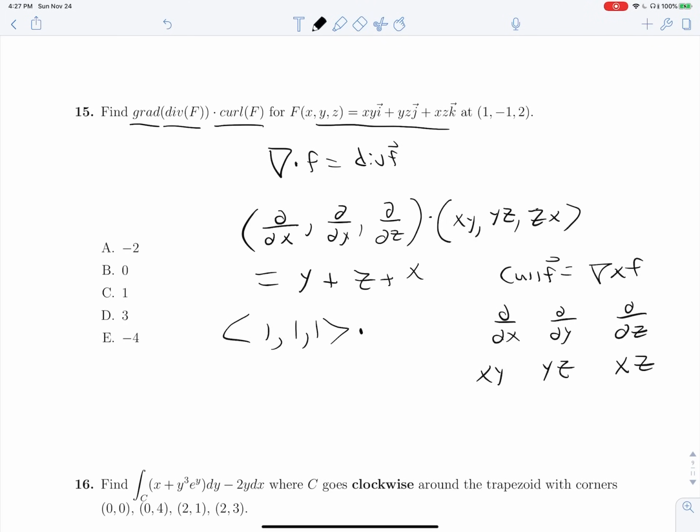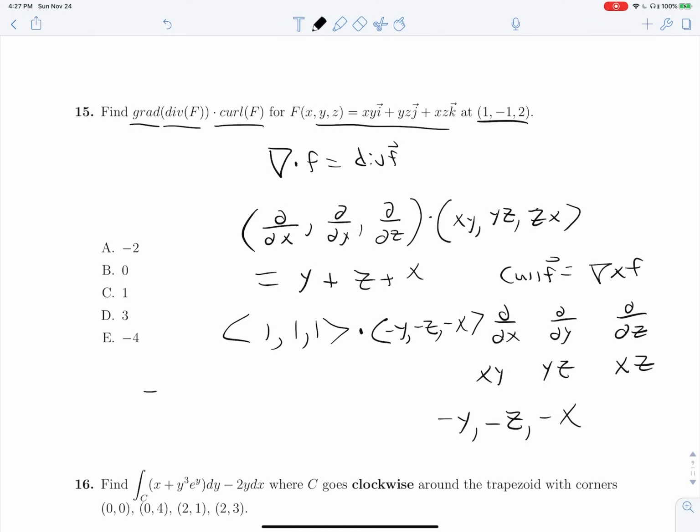Okay, so this cross product is going to give us negative y, comma, negative z, comma, negative x. And so we are dotting this with negative y, negative z, negative x, but thankfully we are given some points to work with.